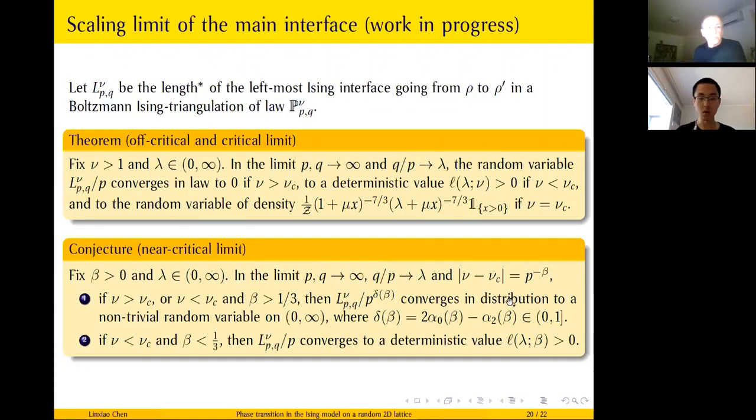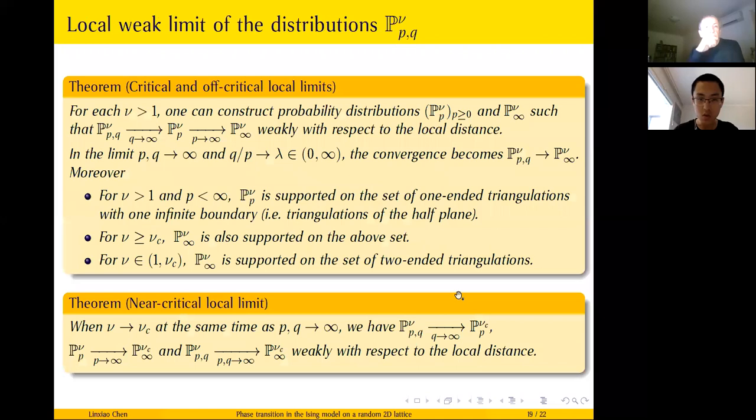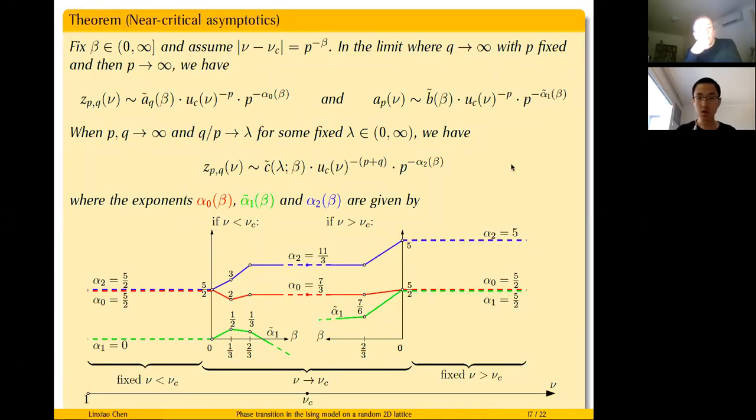So I just come back a little bit to the previous graph to show where the cutoff is. Recall that we have the cutoff at nu smaller than nu c and beta equals 1/3. So basically here.